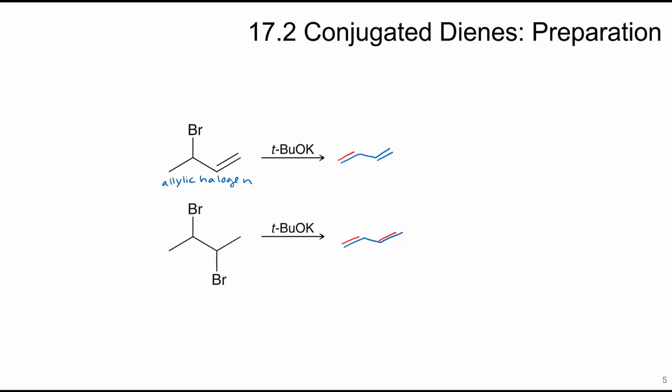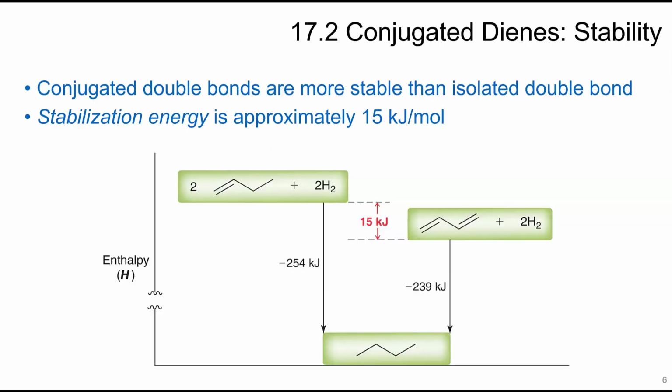So you want to use the sterically hindered base to make the diene. Conjugated double bonds are more stable than isolated double bonds because it's resonance stabilized.